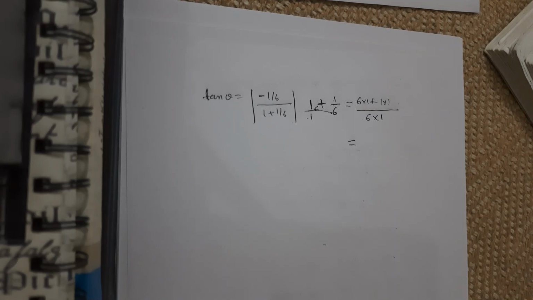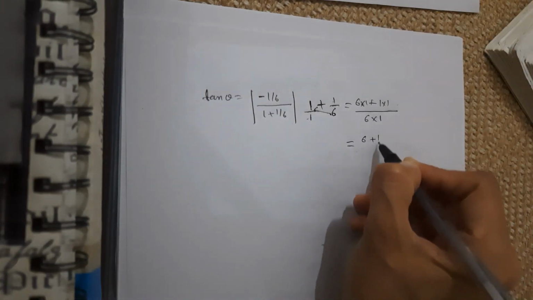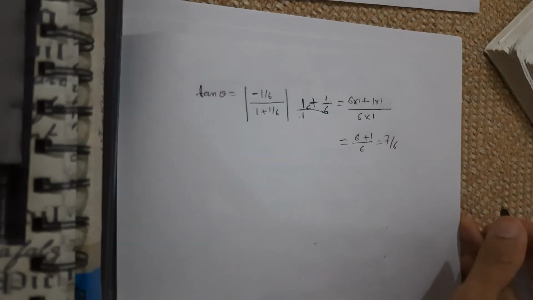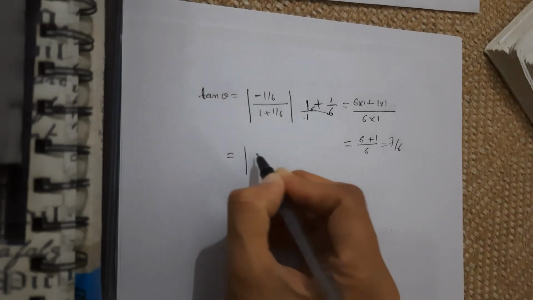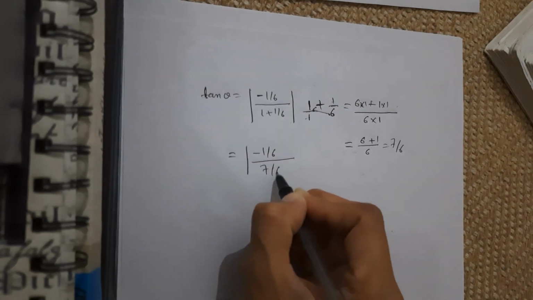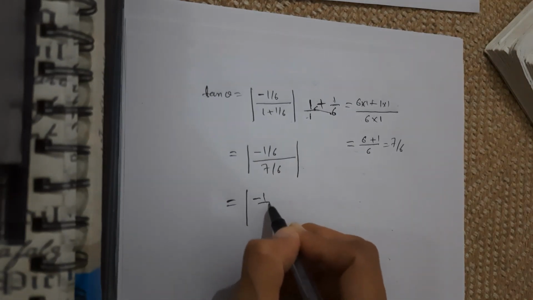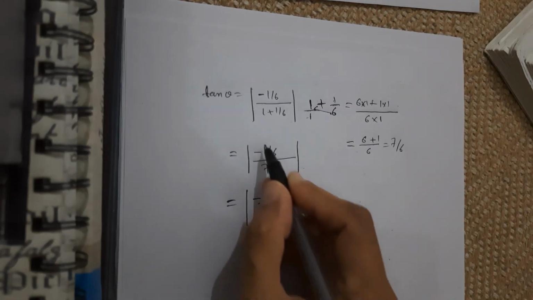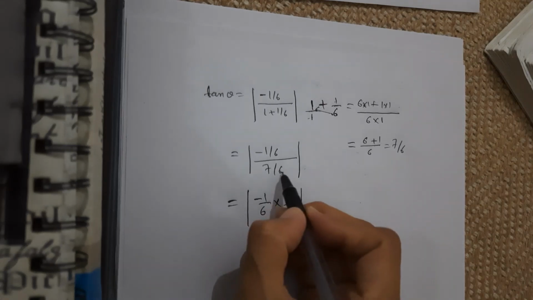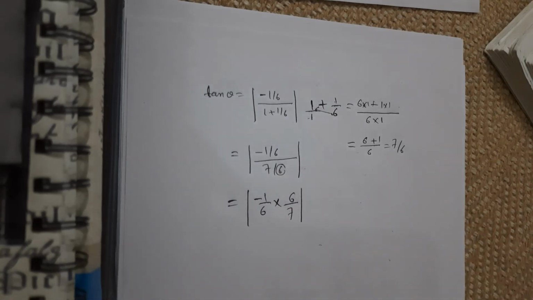Alright. So 6 plus 1 upon 6, that is 7 upon 6. So I am just writing the value here, minus 1 by 6 upon 7 upon 6. How can we simplify this? We can write this as minus 1 by 6 into 6 upon 7, because the denominator upon denominator, we can write in the numerator.